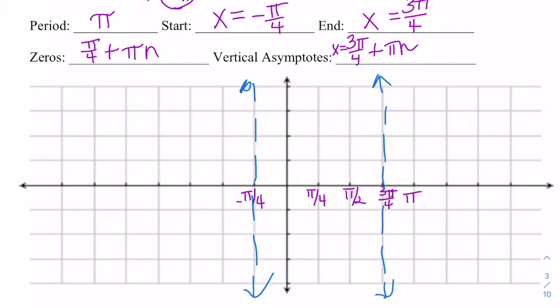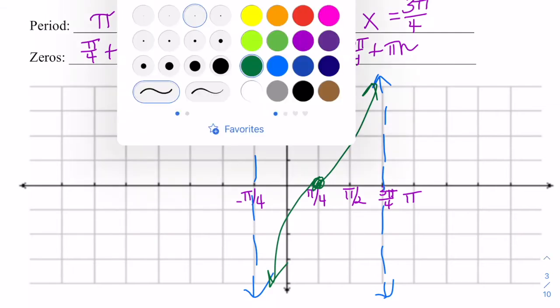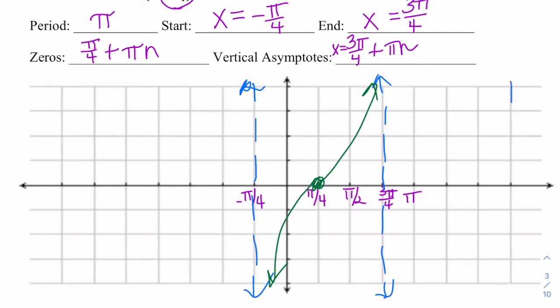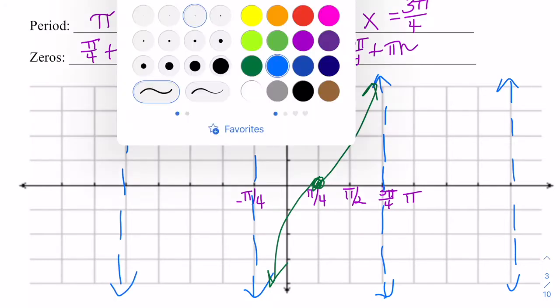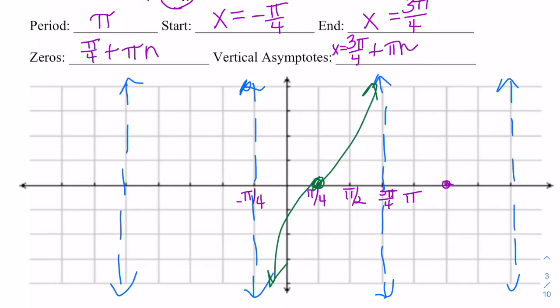And we can clearly see that halfway in between, there's a different color here, is the 0 or the intercept. And there's no other transformation, so it's going to be an increasing function. And we know that this is going to continue every pi. So we can keep going with all of these asymptotes. And again, that intercept is halfway in between the two asymptotes.